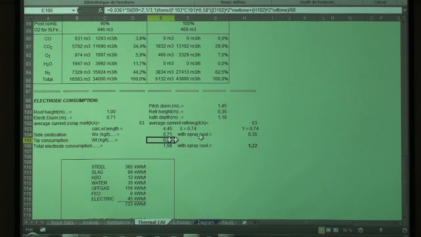And then you have the effect of the current here. So this is this coefficient, the famous coefficient, by the electrode diameter.